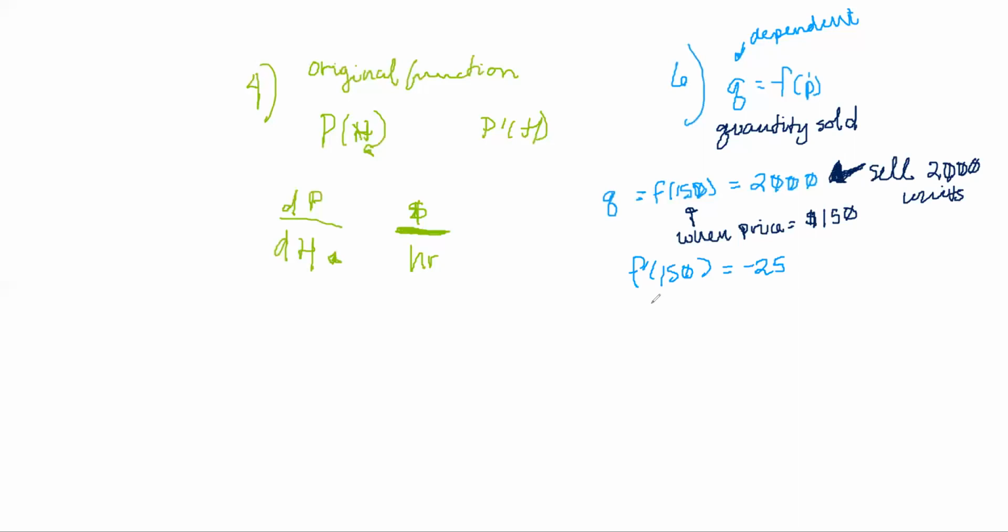So if I'm looking at F prime of 150, now what am I looking at? When you've made exactly $150? This is price. So this isn't money that you're earning, it's products that you're selling.